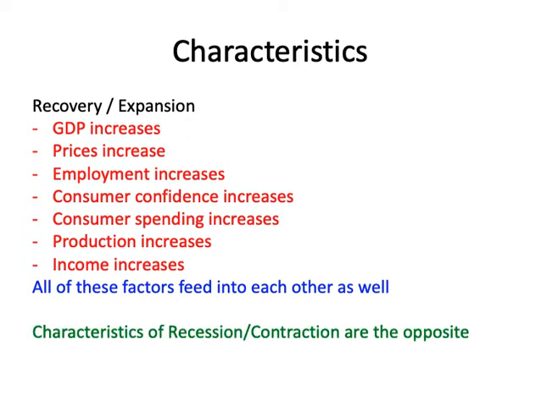And so if you want to look at the characteristics of a contraction or recession, they're just going to be the opposite. In those time periods, GDP should be going down, prices should be going down, theoretically, employment should be going down, etc. So everything that's happening right now in our economy, GDP is definitely declining. Employment is definitely declining, right? People aren't going to spend money.